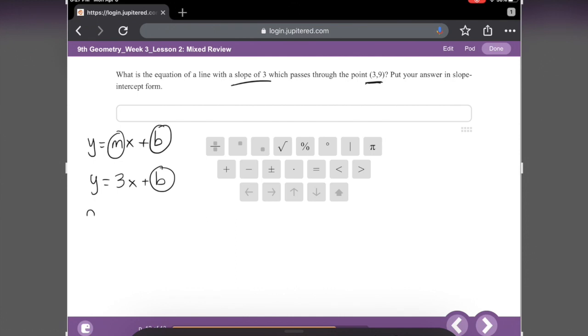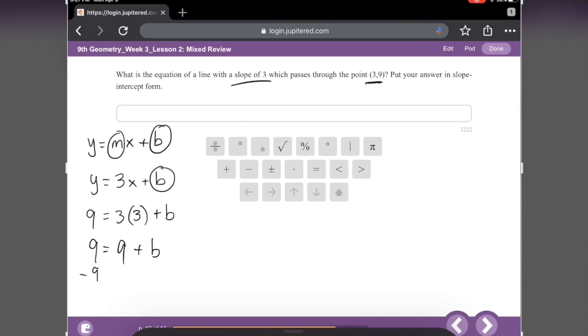So I can put in 9 for y, and then I can put in 3 for x, since that's the x value of the coordinate pair. Okay, and then I put in plus b. So what is it going to be? 9 equals, well, 3 times 3 is also 9, plus b. So looks like b is just going to be 0, isn't it?